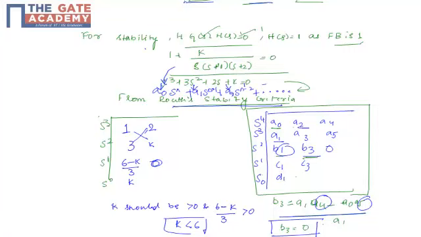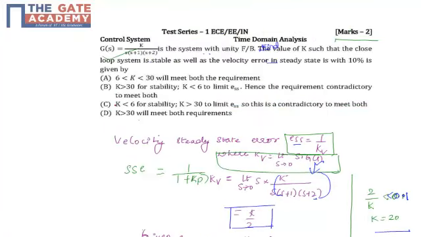Students, please note down, this is a mistake: that is not 30, that is 20 for the limit of the steady state error. So we have obtained K greater than 20.